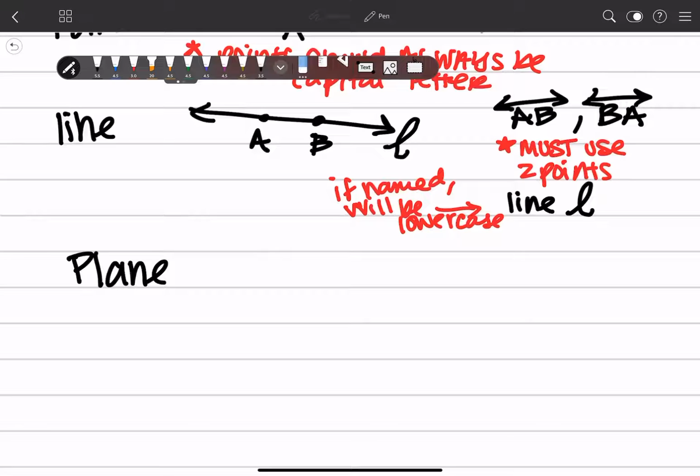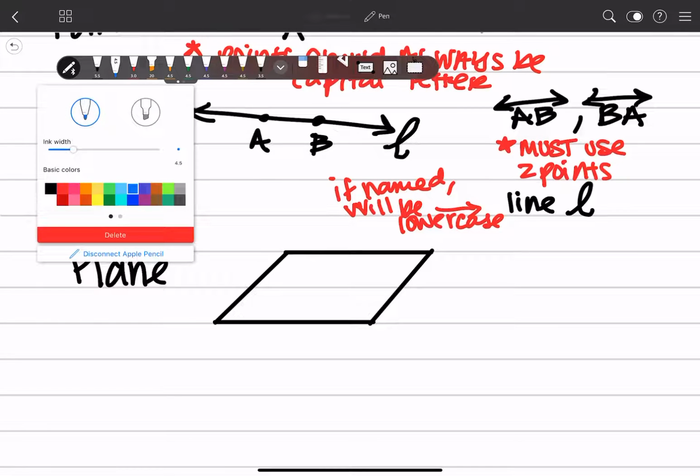parallelogrammy almost. Right, and yours doesn't have to be perfect, but I want to make sure that you guys are able to see what I'm about to do. And I'm going to make the points in a different color just so you guys can see a little bit easier.